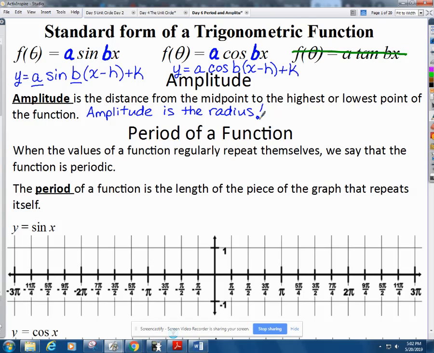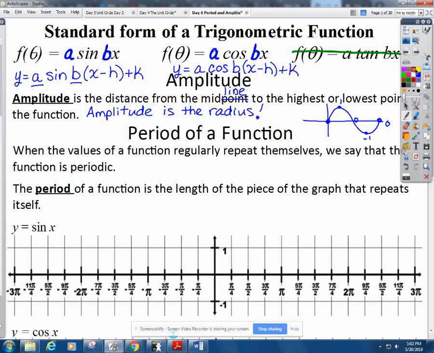So we didn't talk about the midpoint, which really, I'll cross out point, it's really called the midline of the function. So for a function, if it's sine like that, the midline is the line in the middle. So if you think about it, this is 0, 1, 0, -1, back to 0.